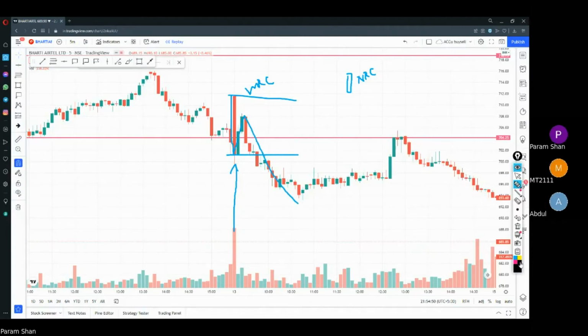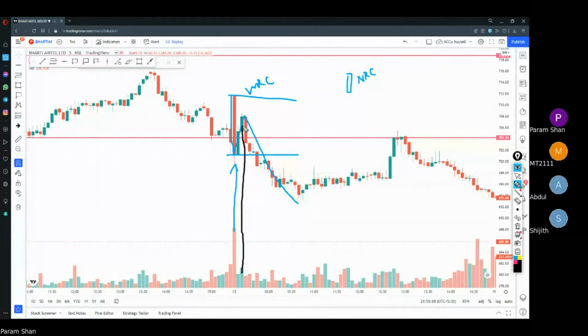But how did I take this into consideration and how did I enter this trade? As I told you in my previous example for Nestle, we have to wait for the candle with volume taking a support. Actually, here it took a support and reverted. But this is the place where we had volume. Let me clean it up and draw better.